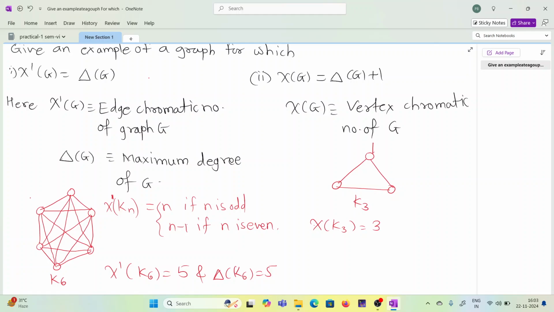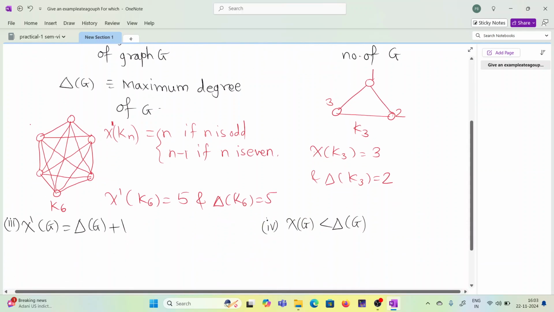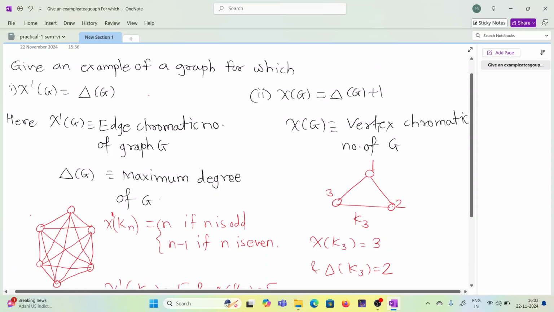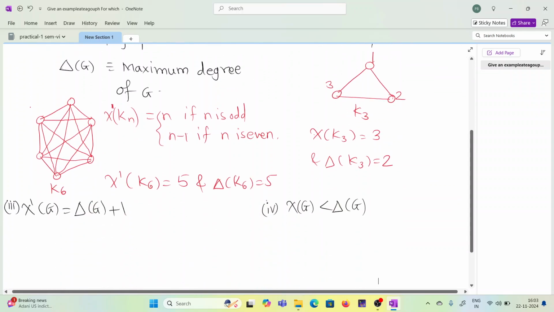I can color this vertex with color 1, and this vertex is adjacent to it, so I have to assign color 2 to this vertex and color 3 to this vertex. So chi of K3 is equal to 3 and delta K3 is equal to 2. So chi of G is equal to delta G plus 1 is satisfied, and the example for this is K3.